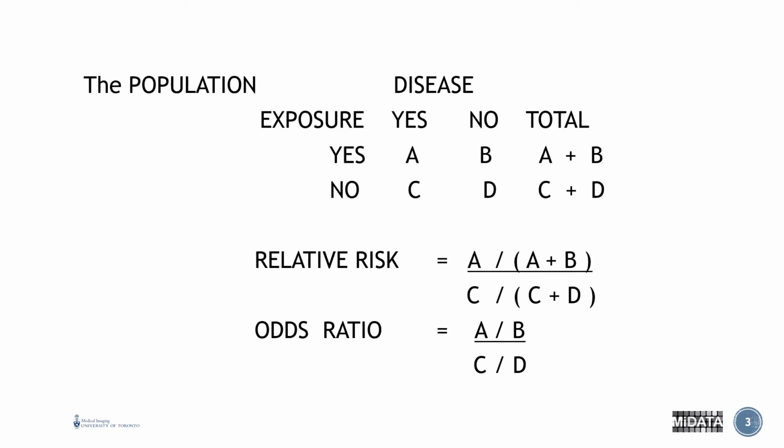probability of having the disease when exposed divided by the probability of not having the disease when exposed, and that's the odds of the numerator. And the denominator is going to be the probability of having disease when not exposed over the probability of not having the disease when not exposed.